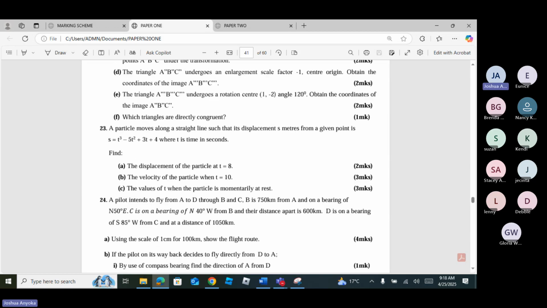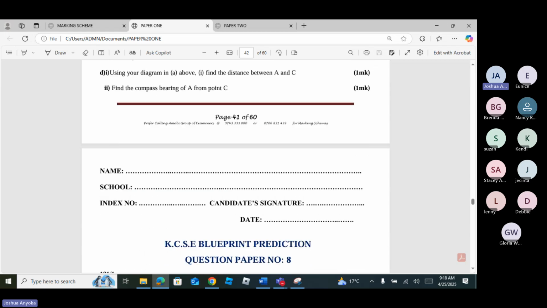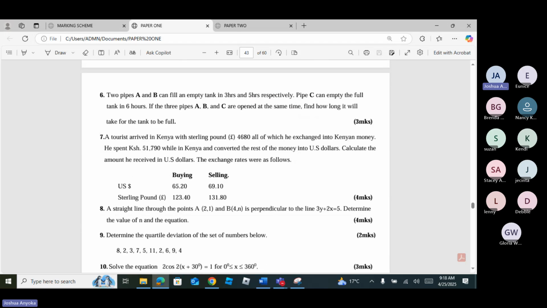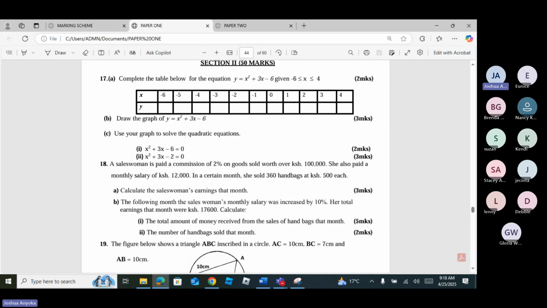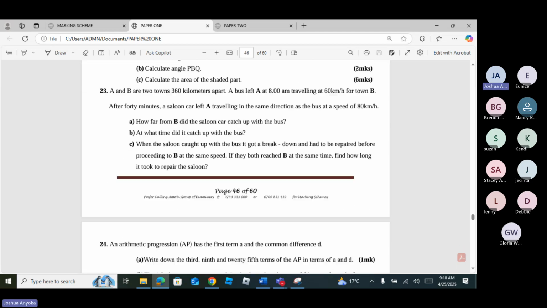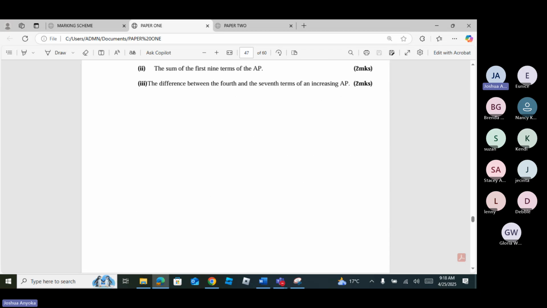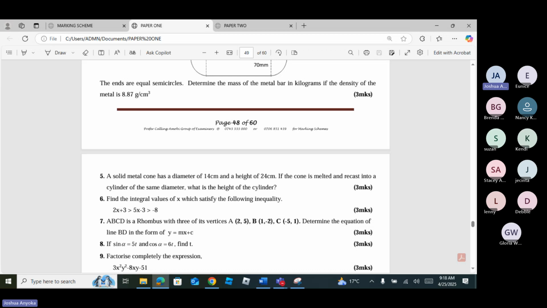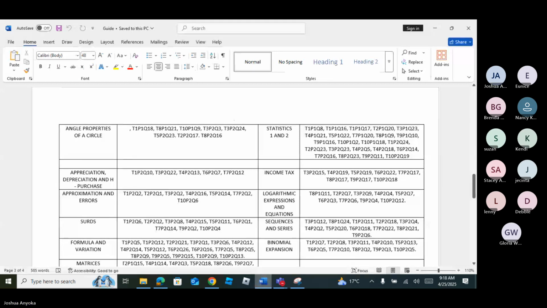I think we have really exhausted the same. Okay, let's see the ones with the lower marks. Trial paper 1, question 16.